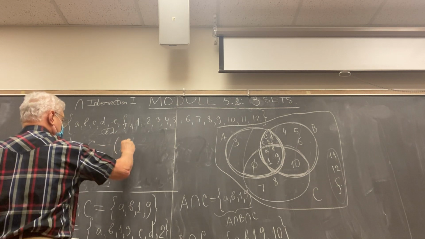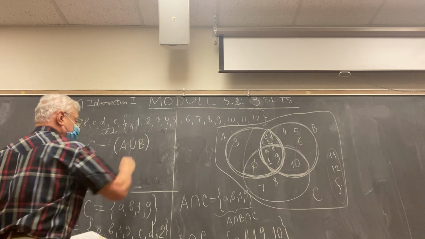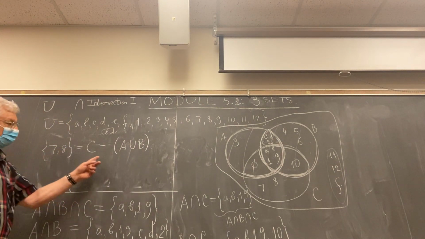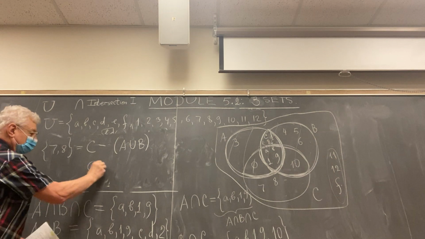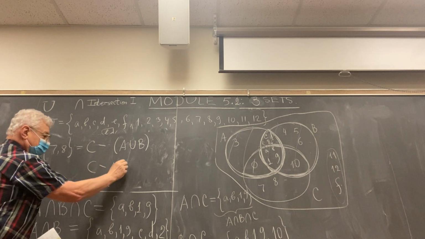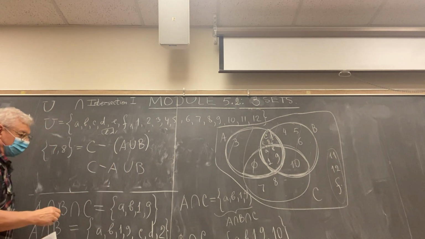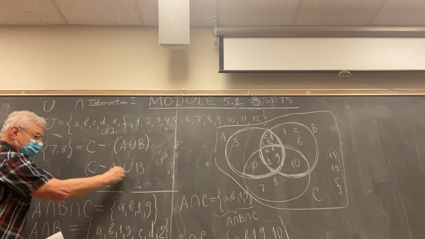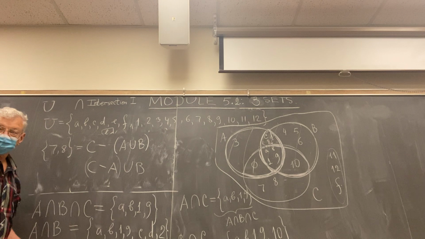Important thing is to write parentheses. If you write it the other way around, C minus A and union B, it's not clear what to do first. It looks like C minus A. If you write C minus A and then union B, it will be an absolutely different result.